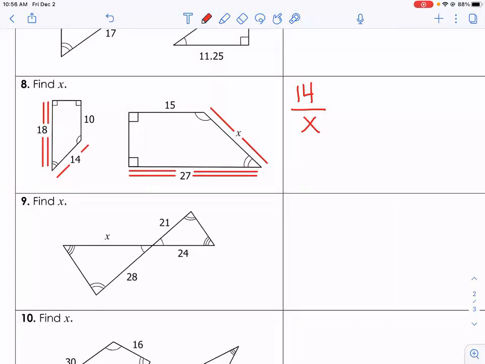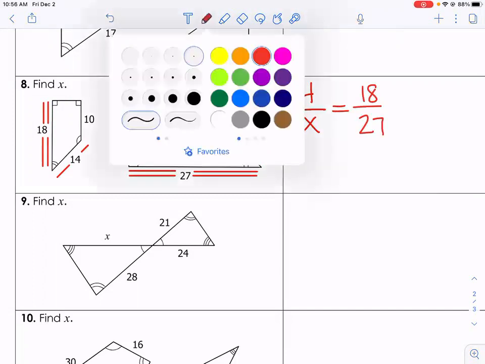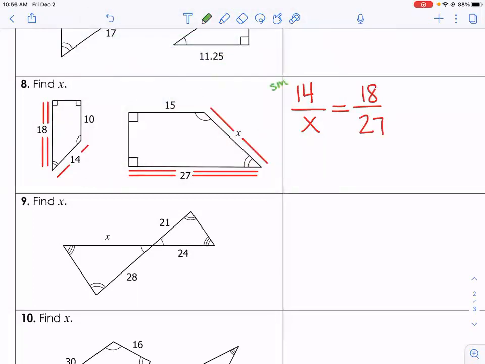Now, what matters is how we set up our second proportion. If I'm going to choose 18 and 27, which one do I need to choose first, since we chose 14 first? We need to put 18 over 27. So I went from small to big, small to big, right?